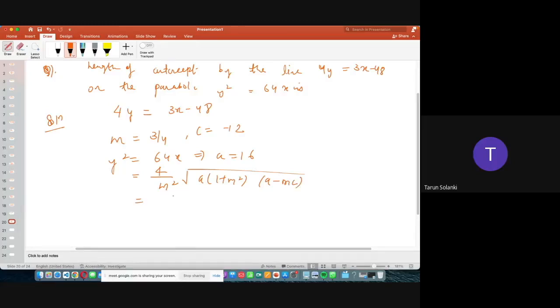Now putting all the values: 4 by (9 by 16), then 16 (1 plus 9 by 16)(16 plus 12 into 3 by 4), right? So solving this, we'll get 9 will be common out, and this 1600 by 9. So this becomes your answer.